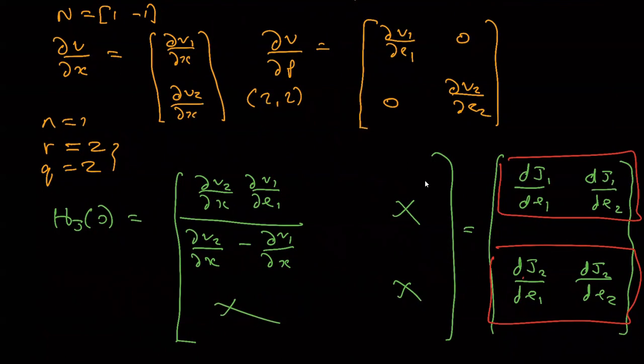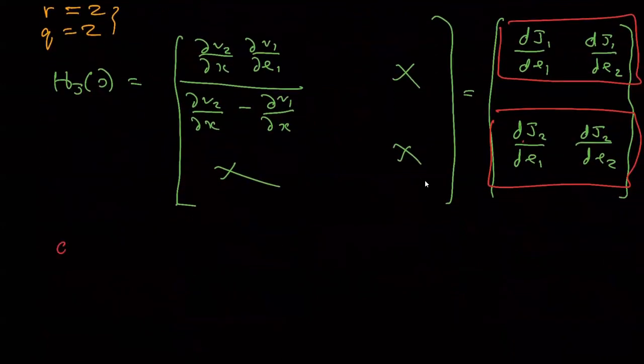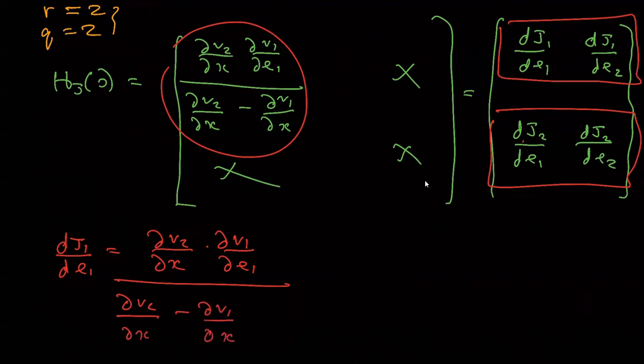So I only have to look at one of these, so let's look at this one. dJ1/dE1 equals dv2/dx, taking this piece here, dv1/dE1, all over dv2/dx minus dv1/dx. Now it's more interesting to scale these.